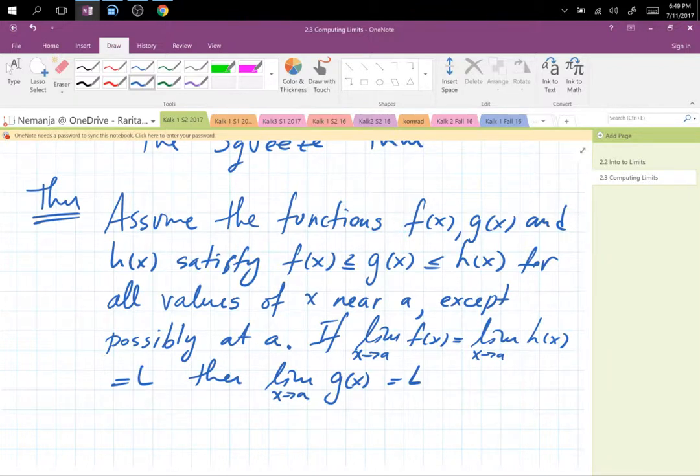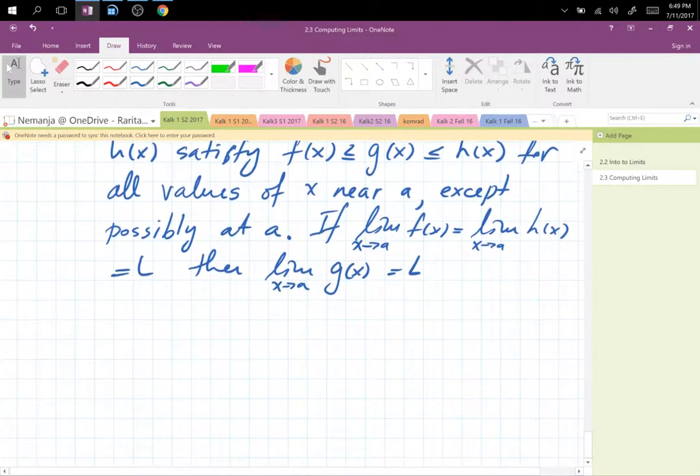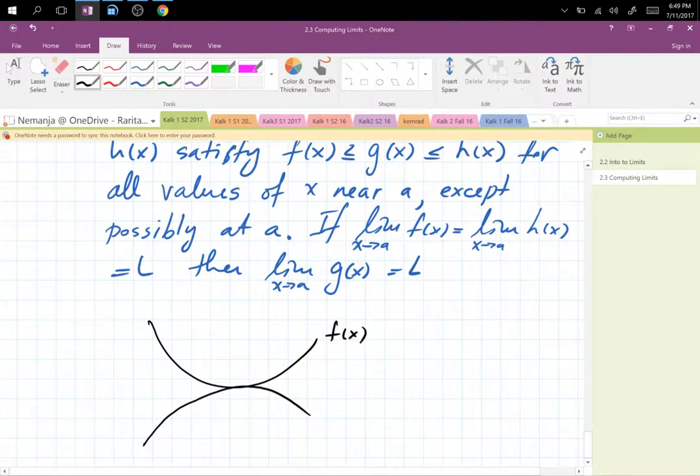Now there's a great graphic in the textbook. These 2 would be your f of x and your h of x, the 2 pieces of bread, and here's the cheese in between. So you see, it's some kind of function that oscillates. This is that point of interest a.